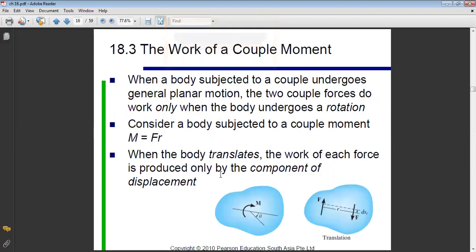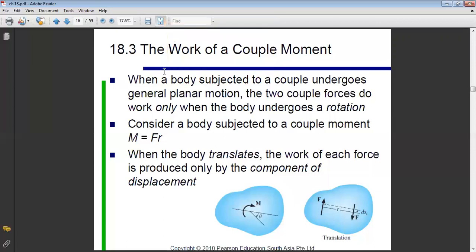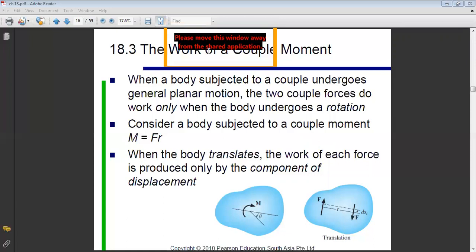Now, what is new here for a rigid body that is not present for a particle is the work of a couple moment. For the particle, we only have forces applied on it. Since it's a point, we cannot have a couple. For a rigid body, we can have couples since forces are applied at different points of the body.